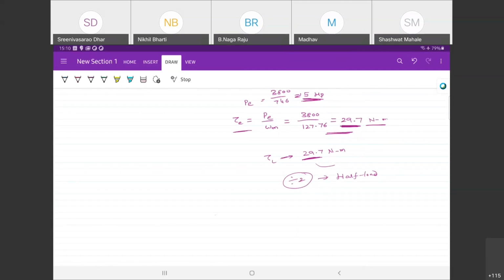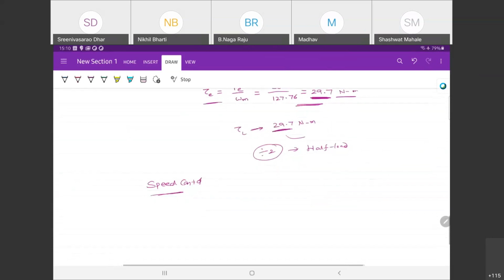So based on our original equations, now we'll discuss speed control. You already studied this several times, right? The back EMF EB equal to P phi NZ by 60A.